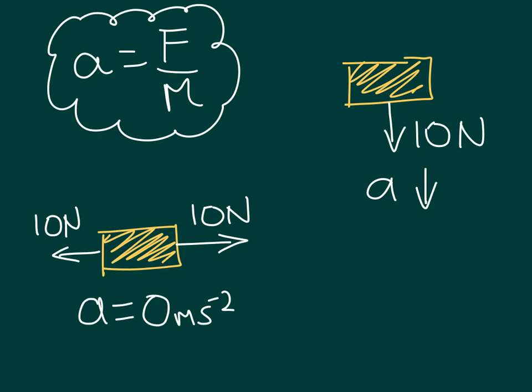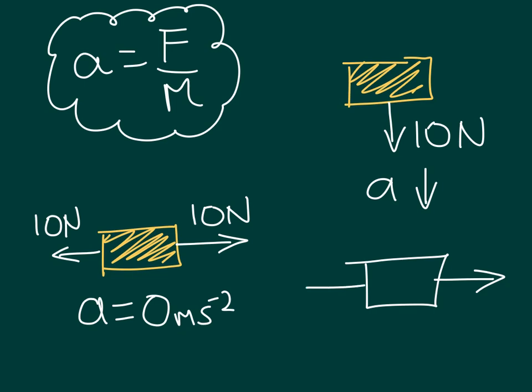So that, I think, is the important thing to remember in this case, is that if you have an object and it only has one force acting on it, straight away you know that force cannot be balanced, therefore the object will accelerate.